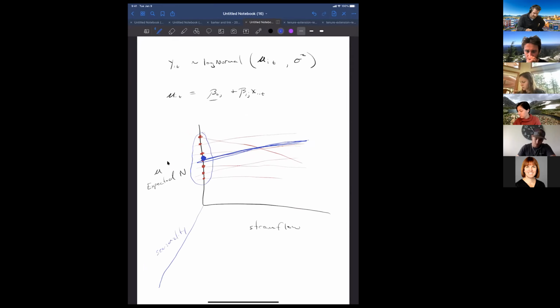Now, each one of these lines is going to become a plane. So the plane is going to change depending on how flexible we are with our model.